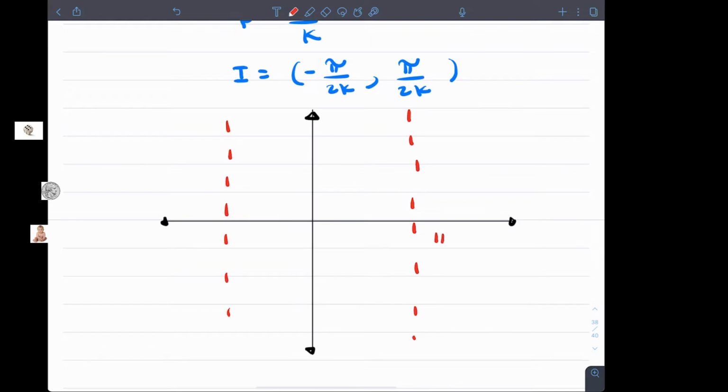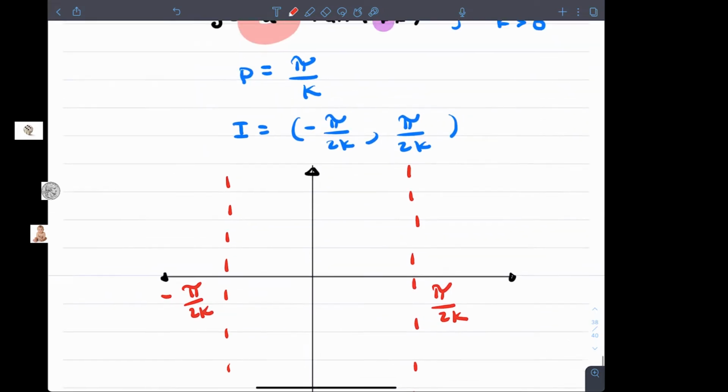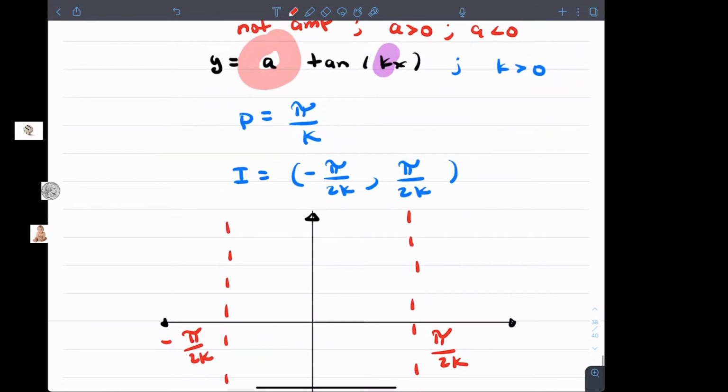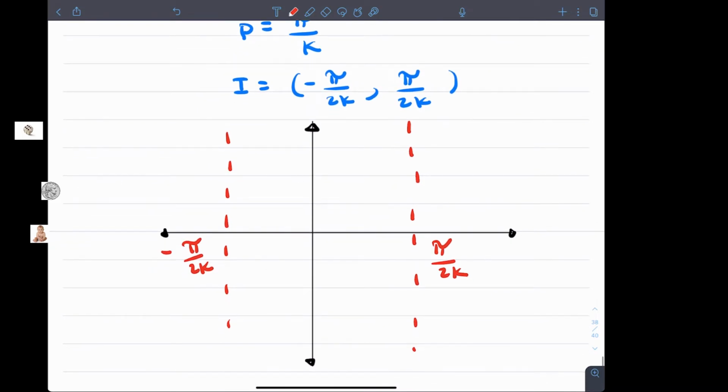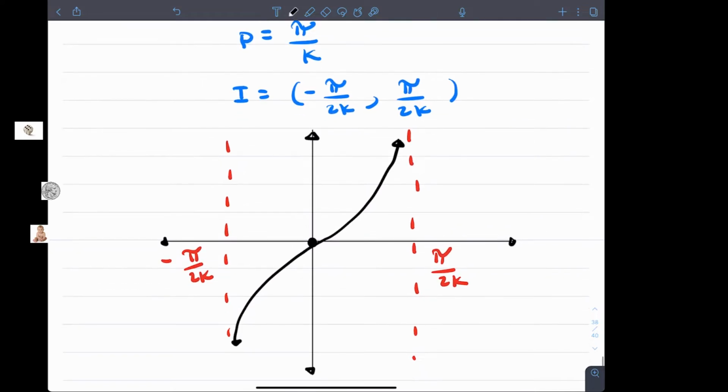Okay, this is pi over 2k, and this is minus pi over 2k here. So your book gives you this nice description here. And to let you guys know, the tangent curve goes to the origin, and then it gets close to the vertical asymptotes. This is the general description, this is only 1 cycle here.